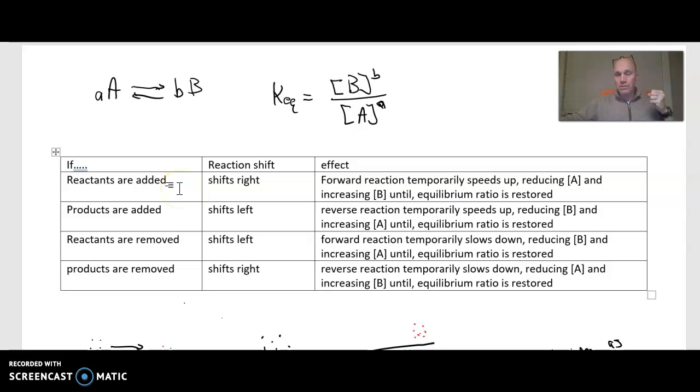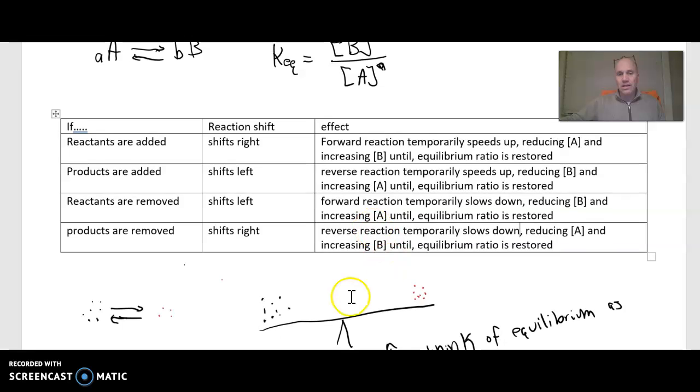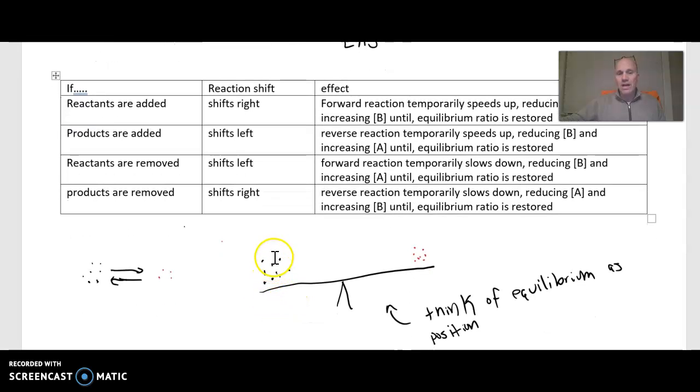All right, so let's think about what would happen if we were to change the equilibrium by either adding things or taking things away. So let's pretend that this thing is at equilibrium and we add reactants. If we add some of this stuff on the left, that's going to make this thing tilt downward on this side.